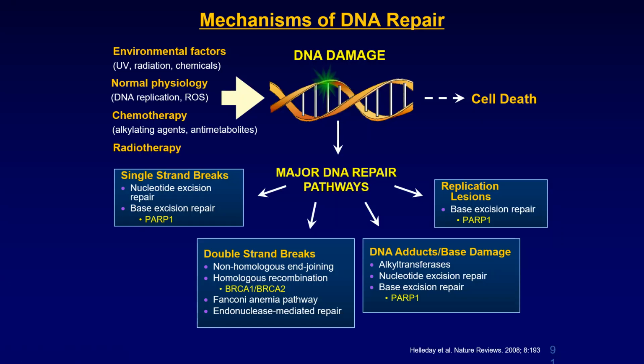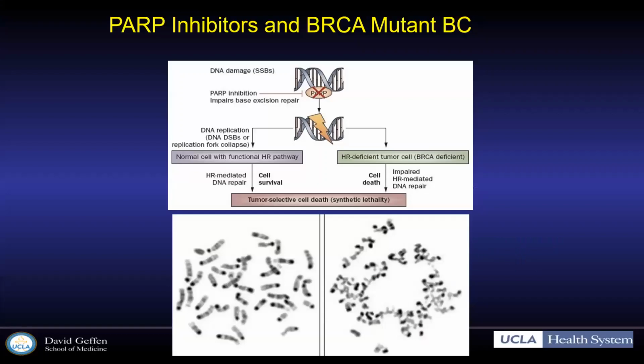But if a second hit happens in a breast cancer cell, for example, then that cell no longer can repair the DNA, and it goes to a backup pathway called base excision repair, which is controlled by an enzyme called PARP1.